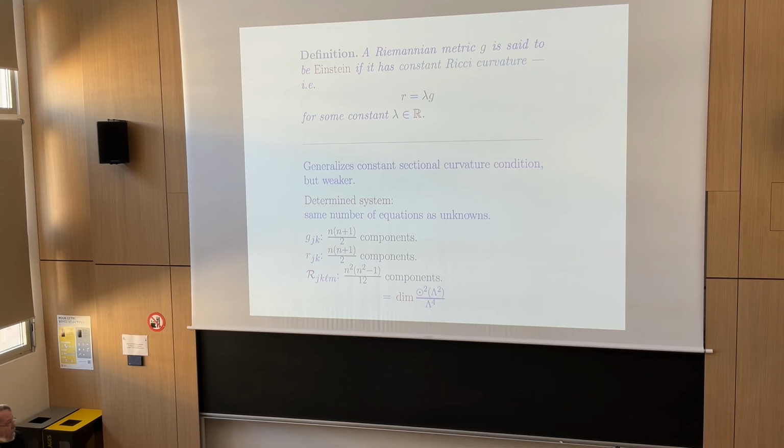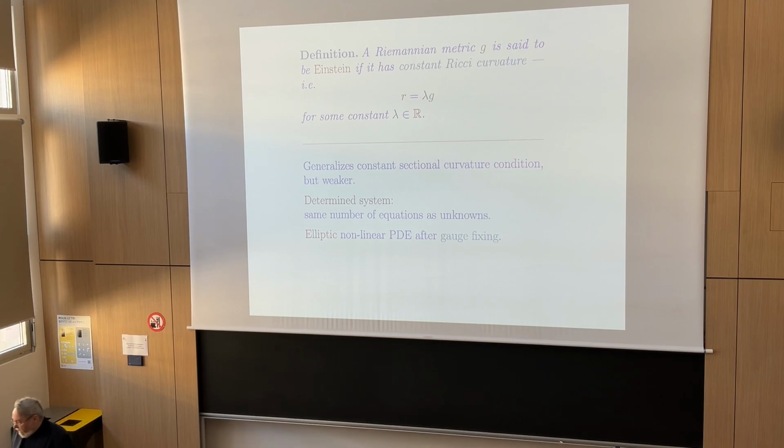Or a different way of saying that is if you now project to the quotient, symmetric square of the two forms modulo the four forms, and notice that the four forms are in the symmetric square of the two forms, right? Because it's a symmetric operation when you wedge together two forms. So it turns out that the curvature tensor actually ranges freely over this space, and that's its dimension. A nice little exercise in combinatorics.